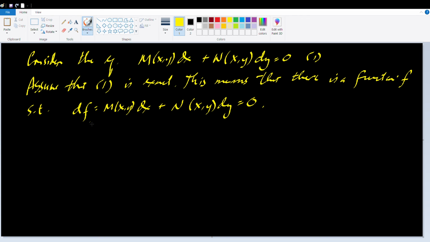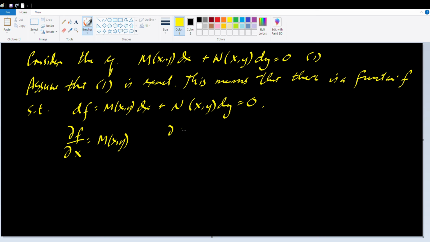When we were discussing partial differentiation, more particularly the differential of a function of two variables, we know that the partial derivative of the function f with respect to x is equal to the coefficient of dx, which is M(x,y).